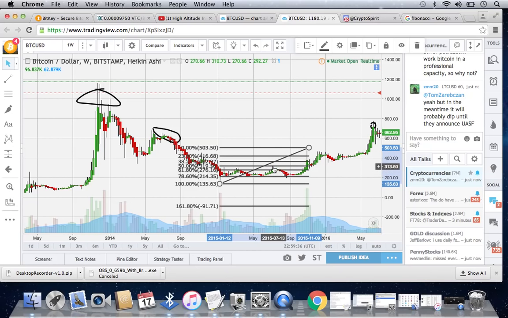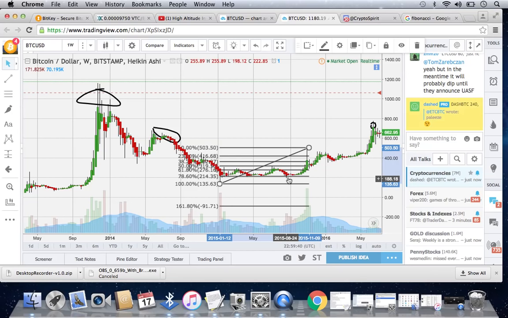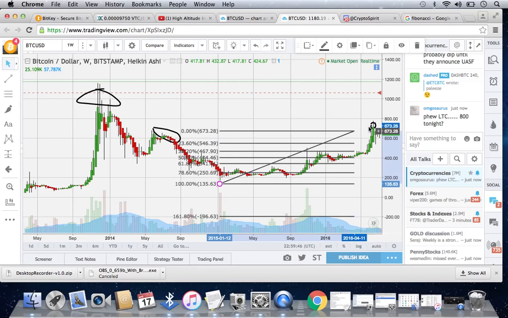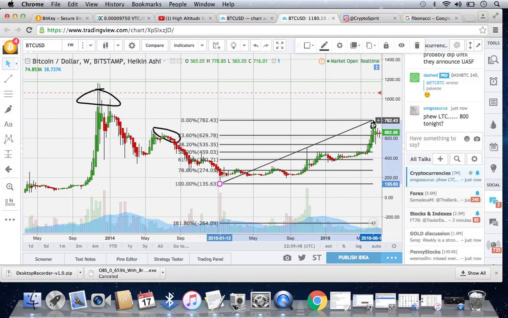Came up and bounced off of that 50% and came down and tested support at 78%, and then just skyrocketed after that. So it's still useful in any time frame. I can drag it up to this support and resistance, and again, Bitcoin reacts significantly to these zones and areas. So yeah, definitely something to use.